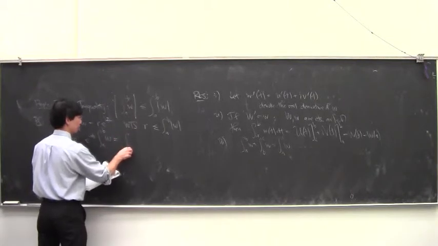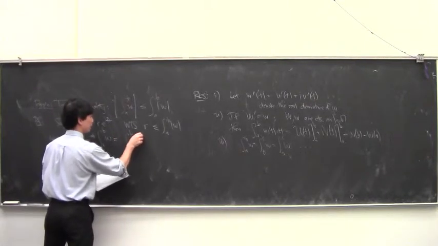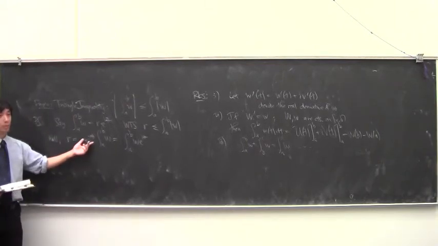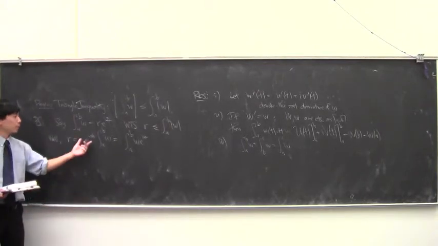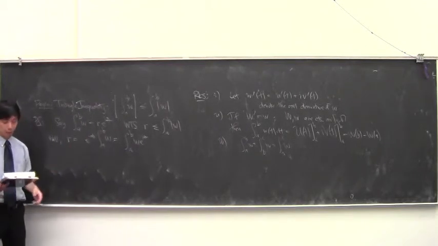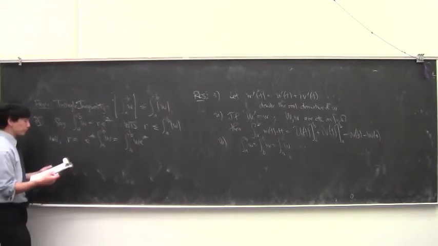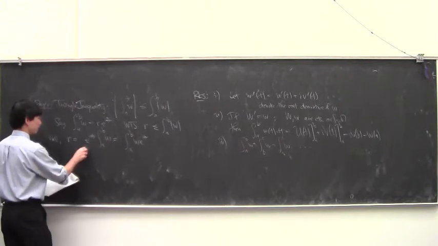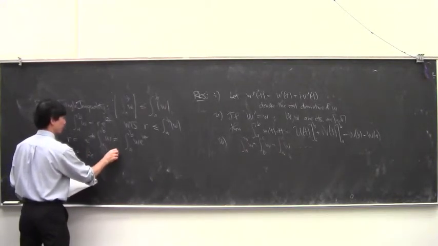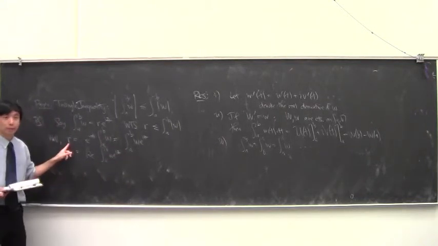That's the same thing as the integral of w e to the i theta. I multiply by some constant. I can move the constant in, right? Because the integral is still linear. And I can take the real part of that without changing anything because R was real to begin with.